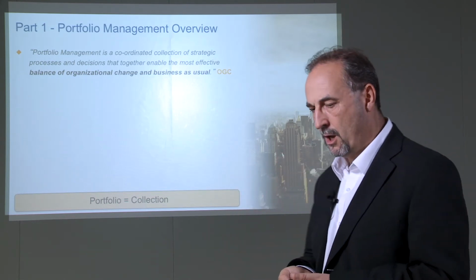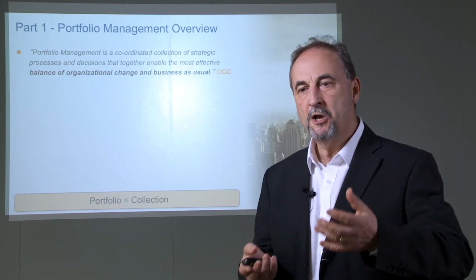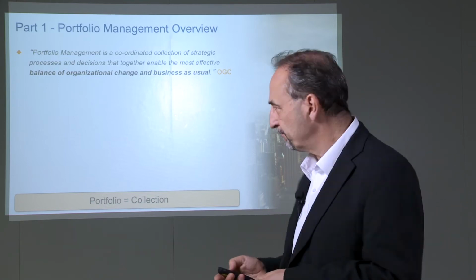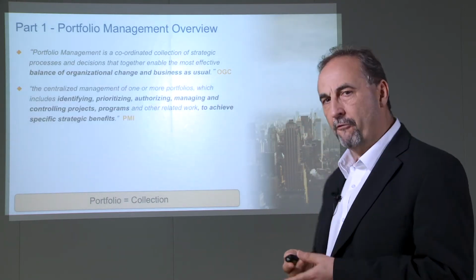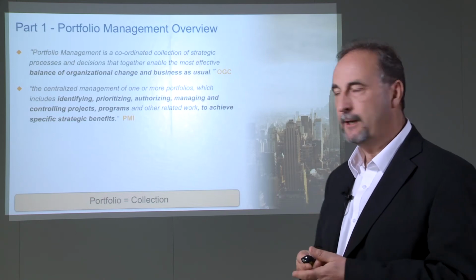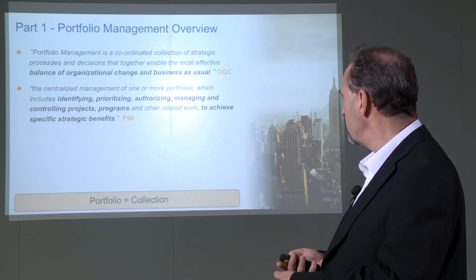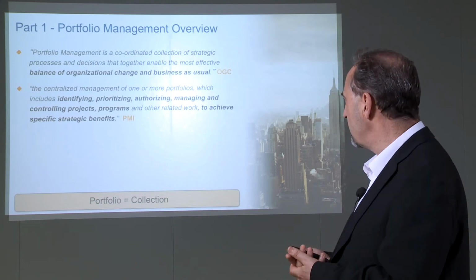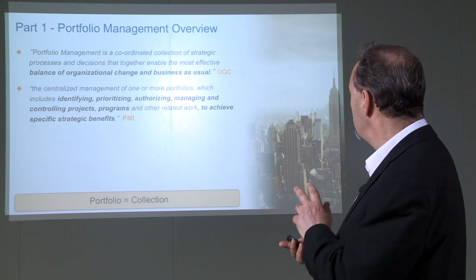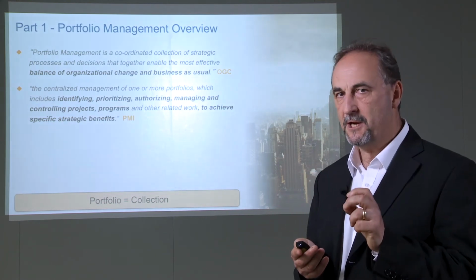And the OGC definition highlights the need to manage and balance these two facets. A quote from the PMI I think is quite interesting. The PMI identifies this idea of identifying, prioritising, authorising, managing, controlling projects and programmes and other work. But the key there is to achieve specific strategic objectives.